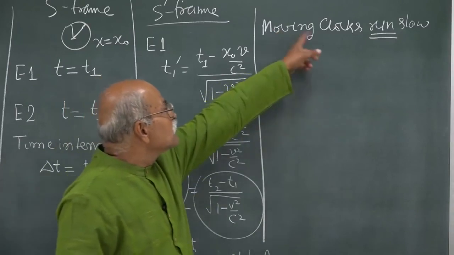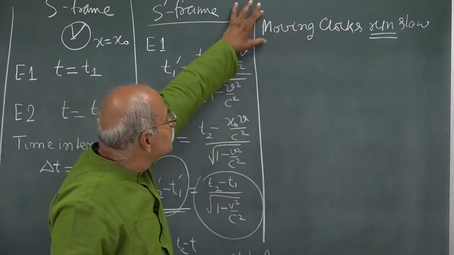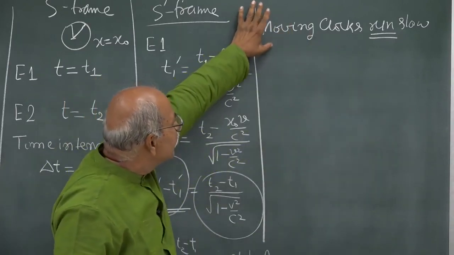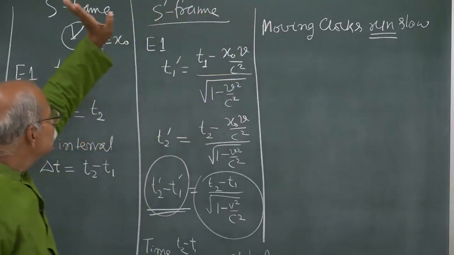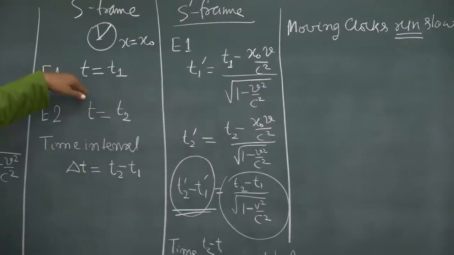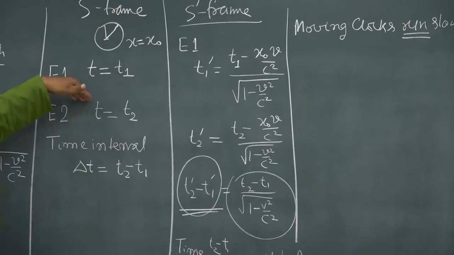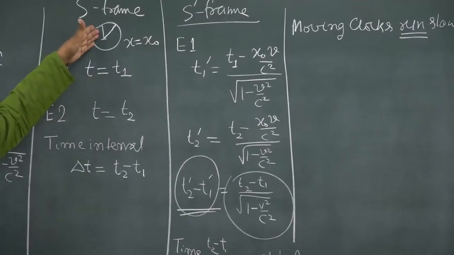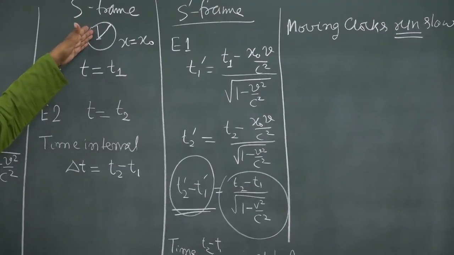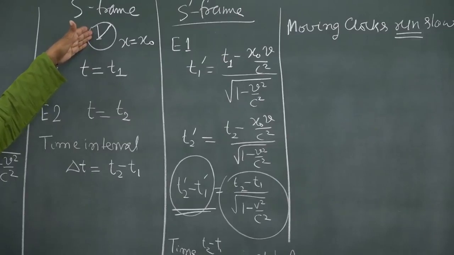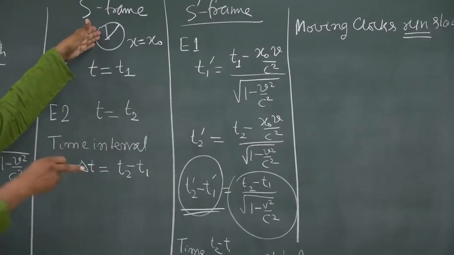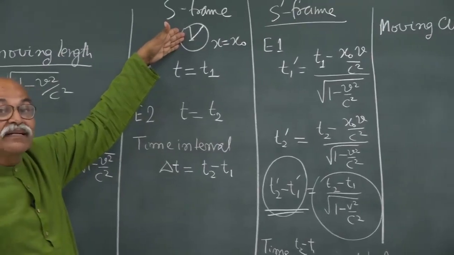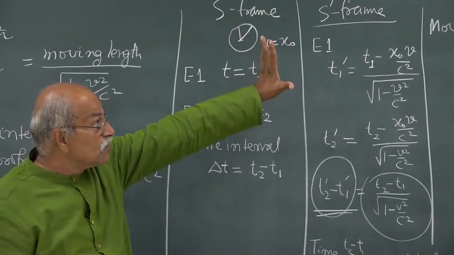So, moving clocks run slow, that is a good phrase to remember, and it tells that if you have a frame in which the clock is fixed, in that frame the clock runs at the right rate, at the correct rate, but the same clock when seen from some other frame in which it is moving, it is running slow. So, that is moving clocks run slow.